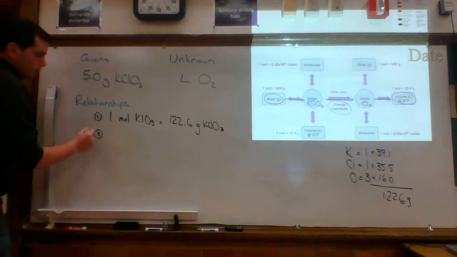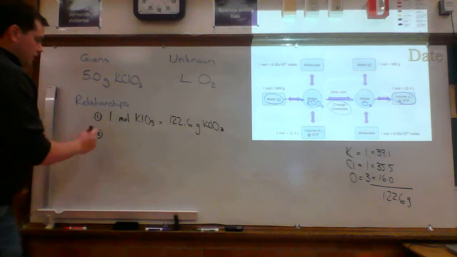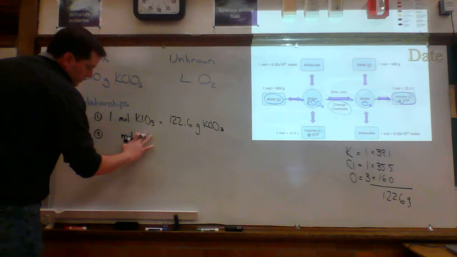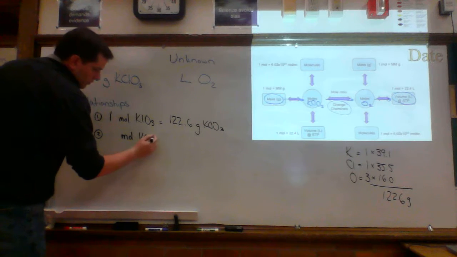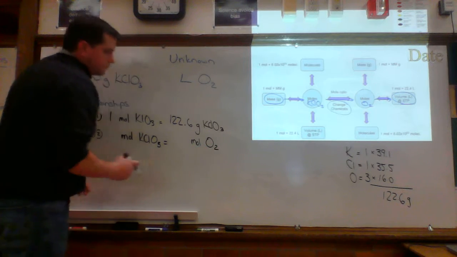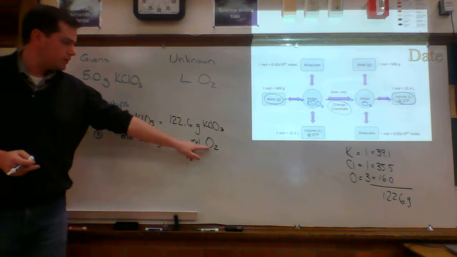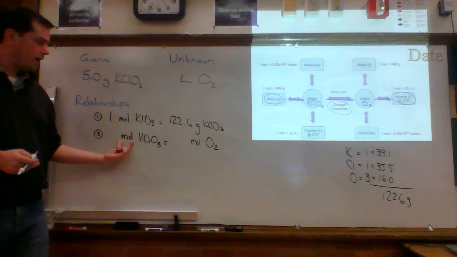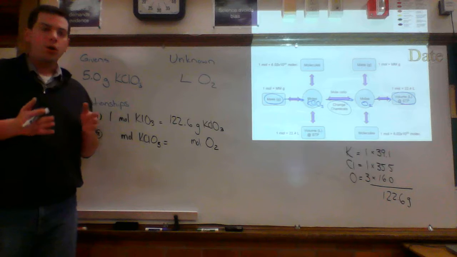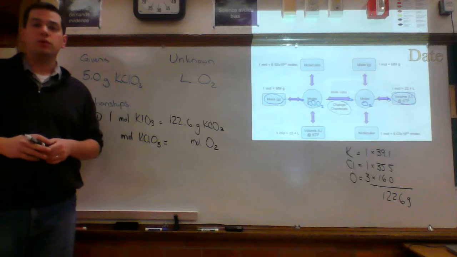Now I need to do my mole KClO3 to moles of O2. I'm going to start with moles of my KClO3. Whoops. And I'm going to end with moles of my O2. An important thing to notice here is that if we're going to change chemicals, if we're going to change from this to this, we have to have moles and moles. You can either change the chemical or you can change the unit in a step, but you cannot change both in one step.